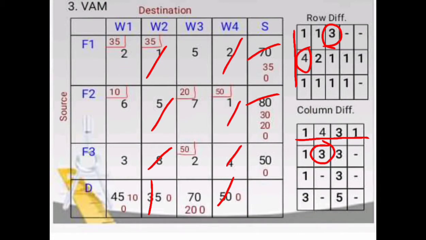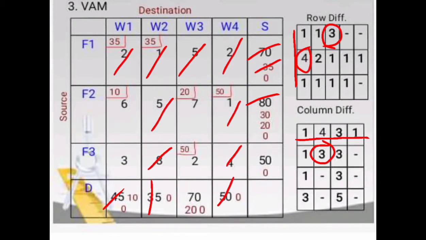From 2, we have a supply of 35 and a demand of 45. 35 is the lesser value, so we allocate 35 here, and then cancel out from the supply. 45 minus 35, we have a remaining of 10. Because the supply has been satisfied, we cancel out the following cells.